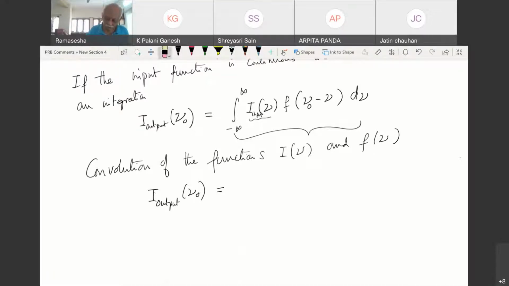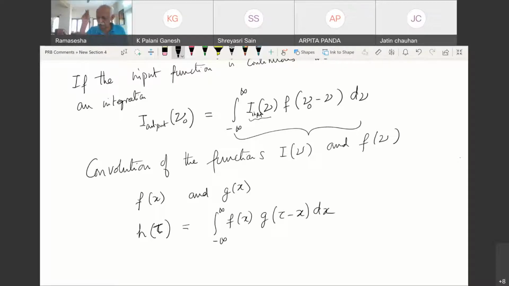Okay. So what happens if I give you f of x and g of x, then the convolution of f and g is equal to the integral from minus infinity of f of x g of tau minus x dx.